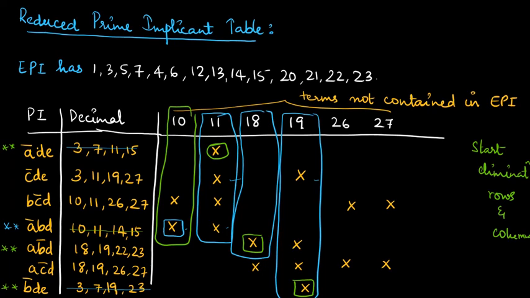So I can have my reduced prime implicant table by removing the dominant prime implicants. So in that case, I will be retained with only 3 prime implicants and their corresponding decimal notations.